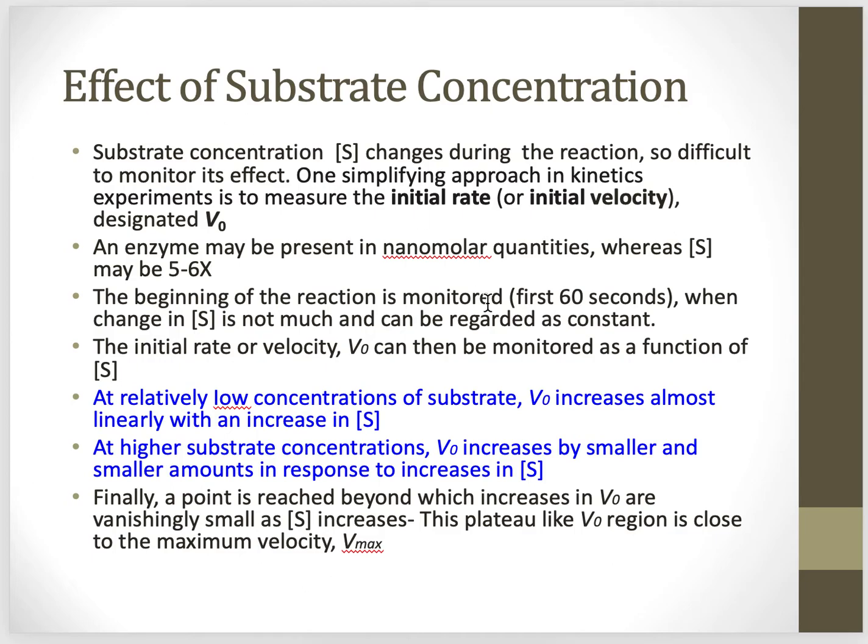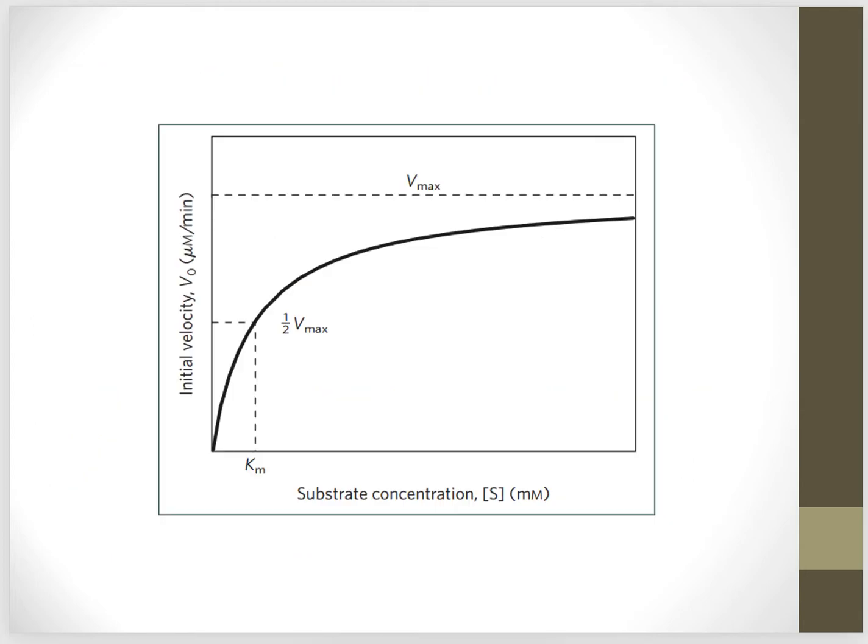What I talked about here, we can represent in a graph. This graph represents the relationship between substrate concentration and initial velocity. If you put substrate concentration on the x-axis and initial velocity V0 on the y-axis, the change in initial velocity will look like this.